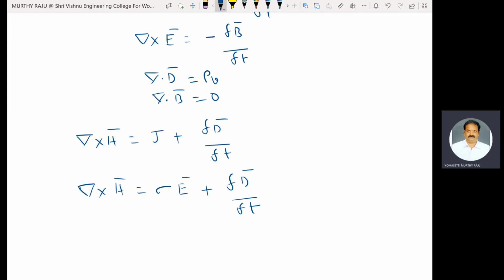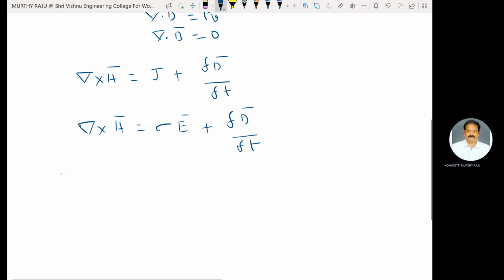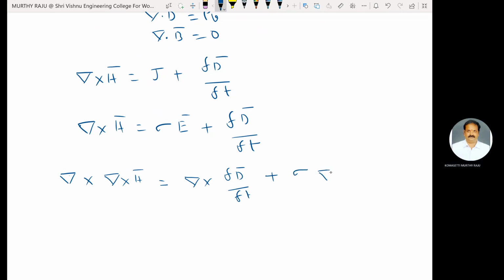Now taking the curl of that equation. Del cross del cross H bar is equal to del cross dou D bar by dou T plus sigma del cross E bar. Sigma is the common term.